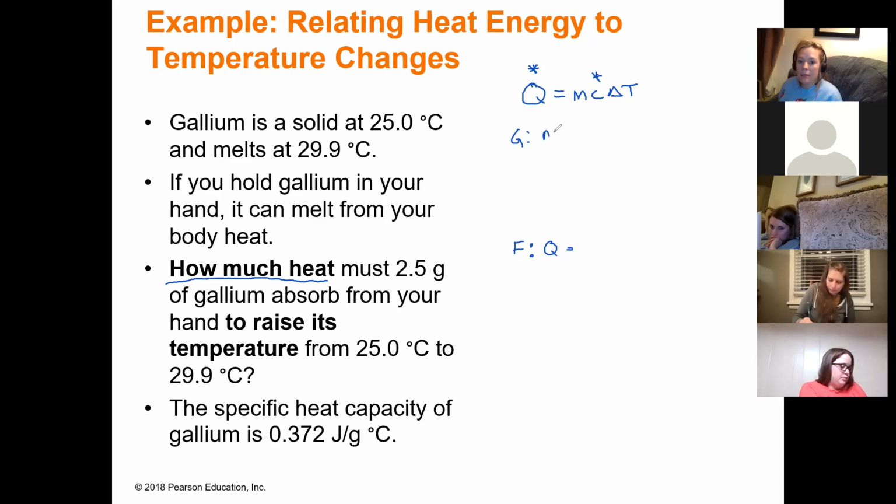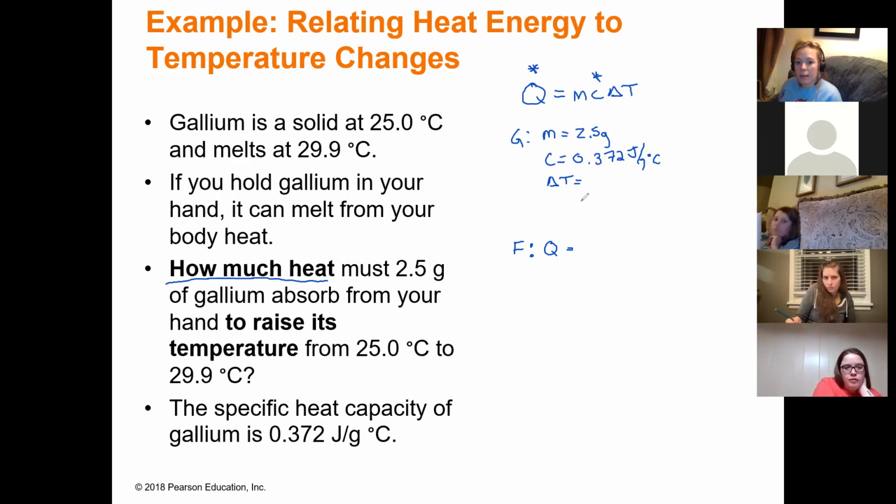Do we have the mass? Yeah, it's 2.5 grams. Do we have the specific heat? Yeah, they throw it in at the very end. They say, here's the specific heat, 0.372 joules per gram degrees Celsius. And do we have the temperature change? Almost. We know the final and the initial, so you have to do a little calculation.